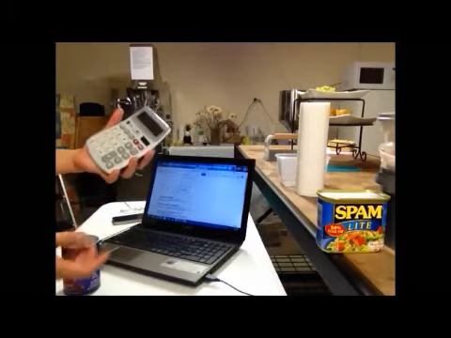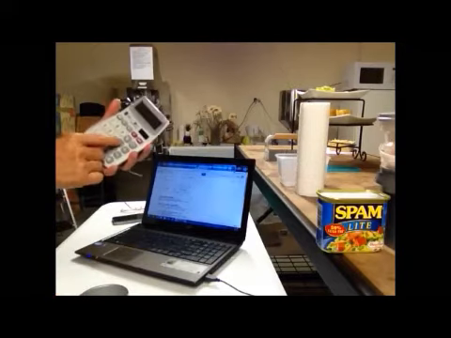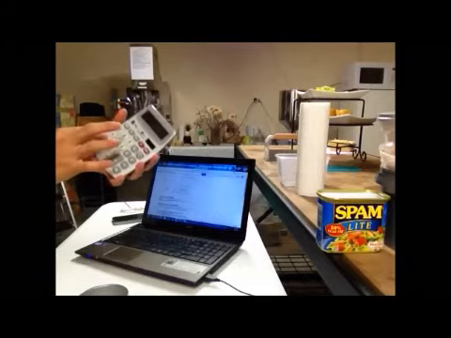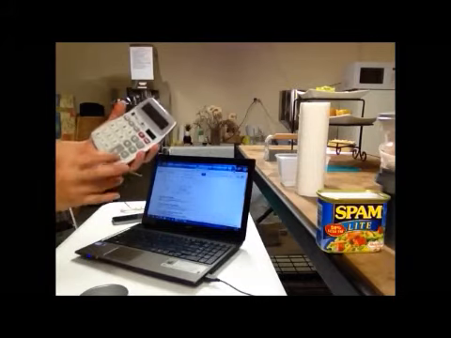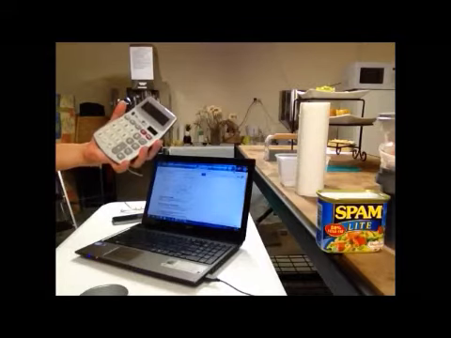So our height is 3 inches. 3 times 1.89 times 3.14, which is the pi, equals 17.80. That is our cubic inches, our volume.